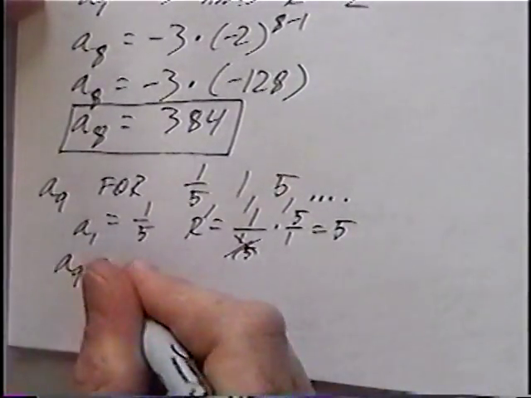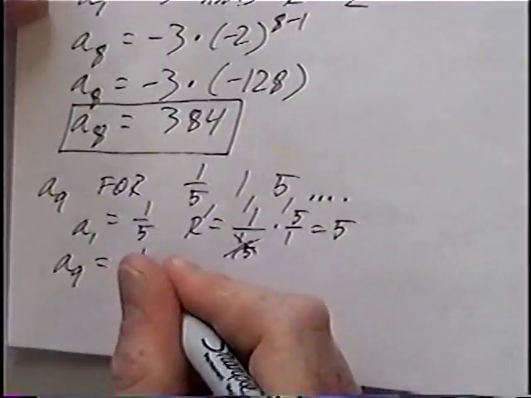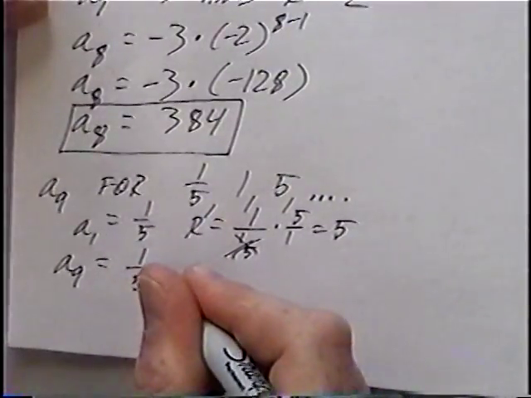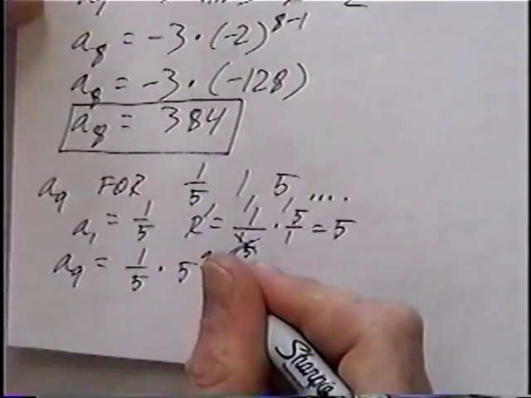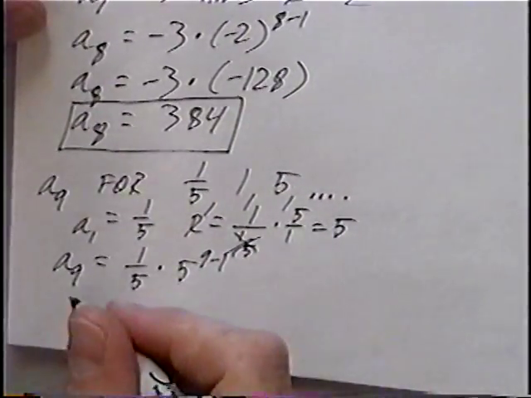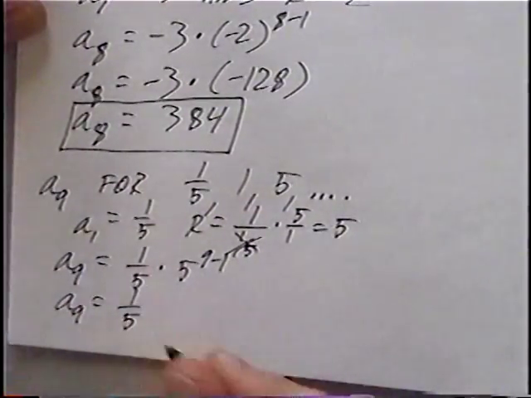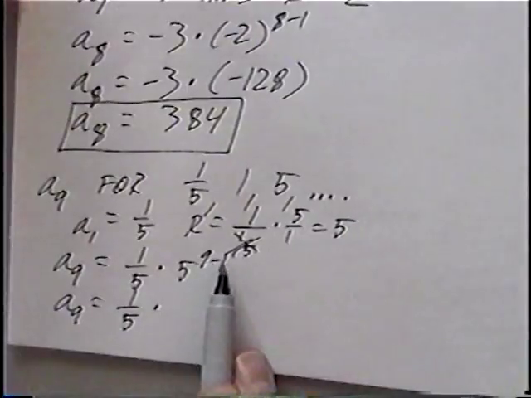Finding a sub 9. A sub 1 is 1/5 times r, which is 5, to the exponent of n minus 1. The 9 means there are 9 terms, so 9 minus 1. One-fifth would stay the same. 9 minus 1 would be 8, so we have 5 to the 8th power.